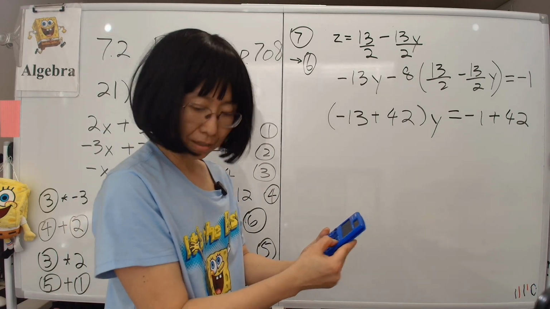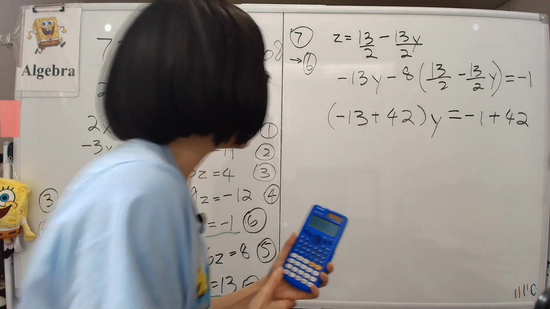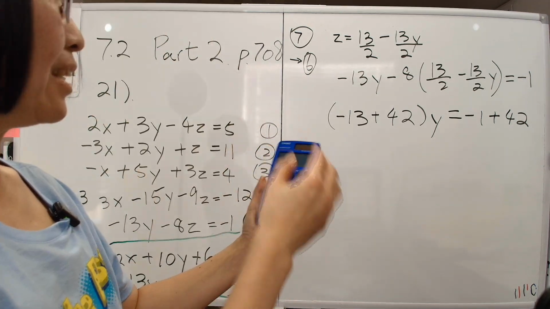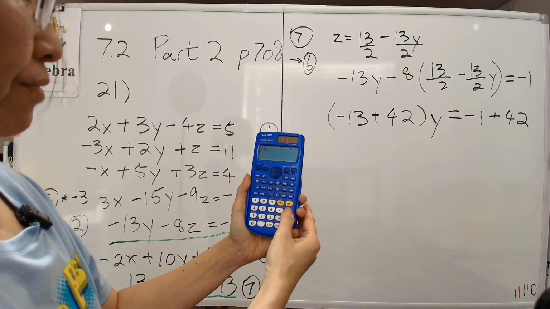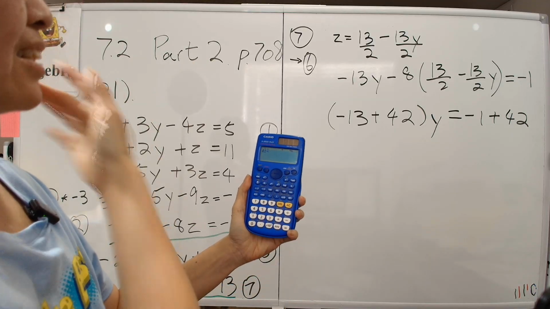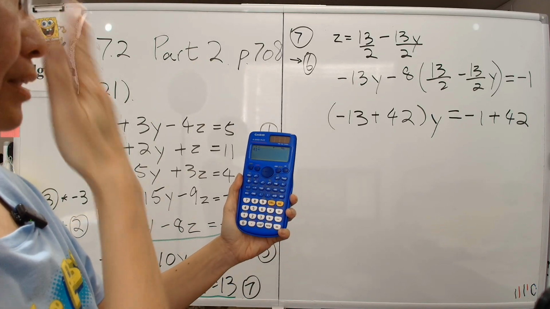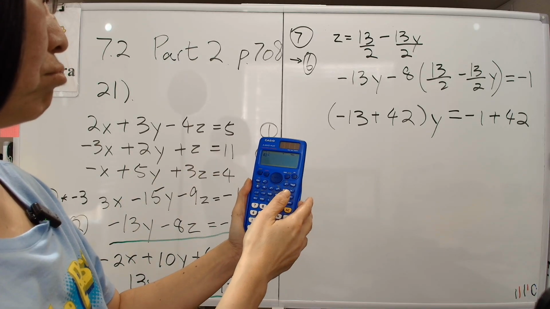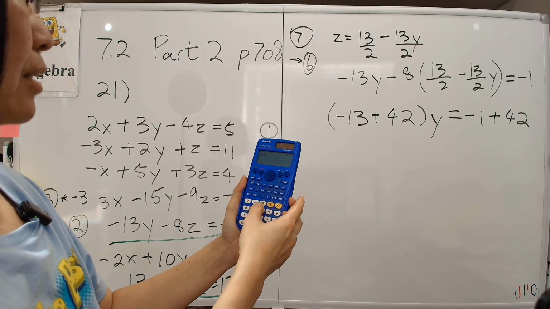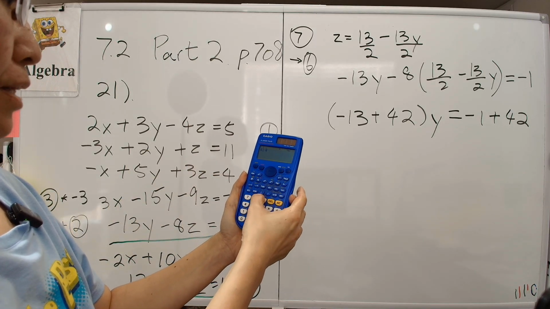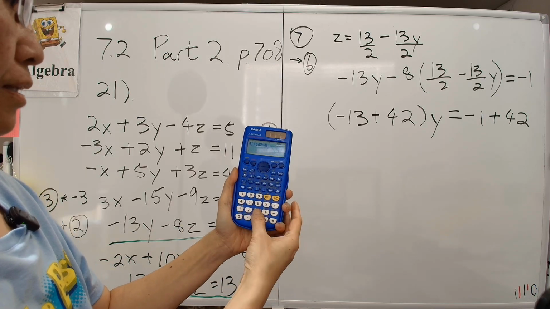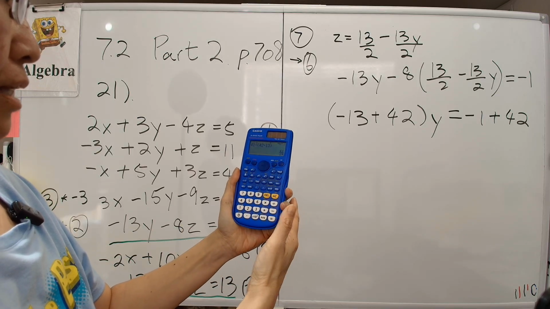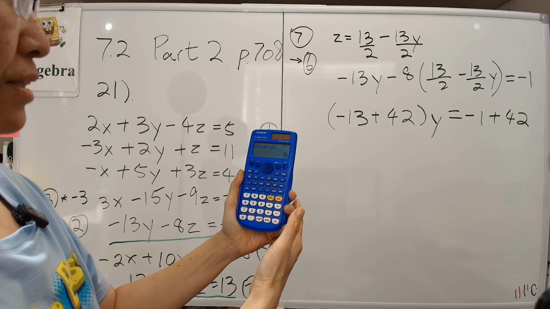So it says 41 divided by 42 minus 13. That is definitely the wrong answer.